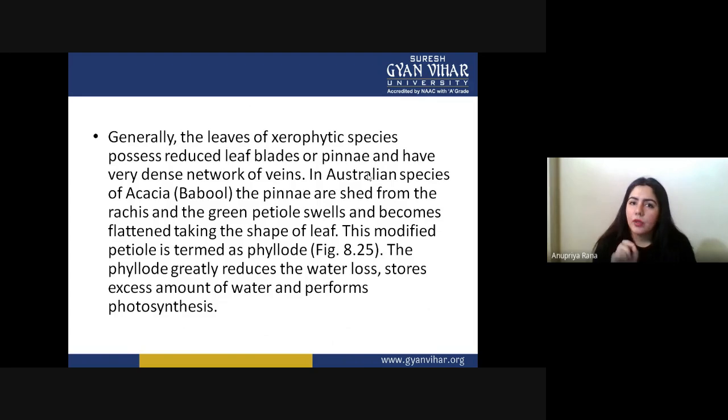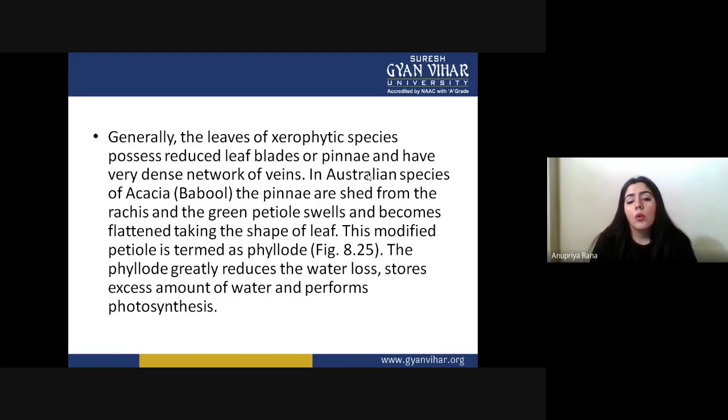This petiolar structure becomes fleshy inside these kinds of xerophytes. When the petiole becomes fleshy, we can call it a phyllode. Phyllodes also reduce the great loss of water or store an excess amount of water, and sometimes they can perform photosynthesis.